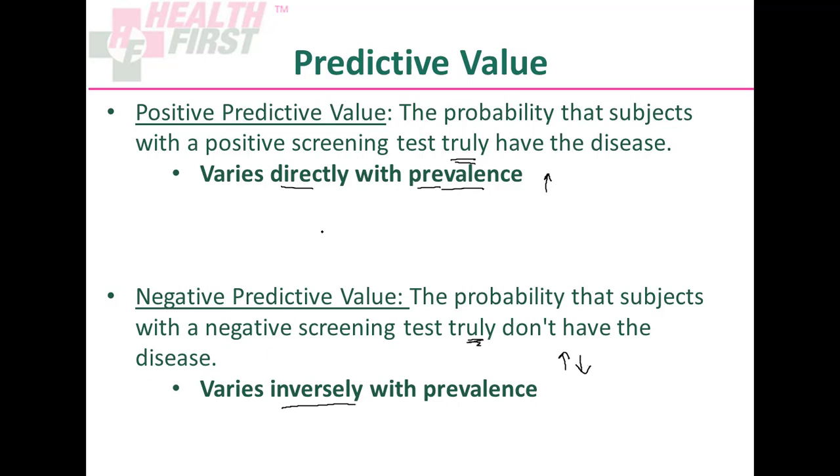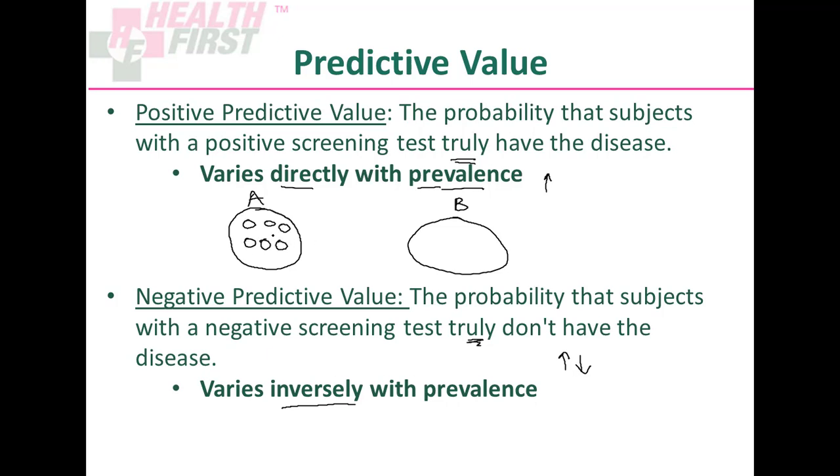The best way to actually think about this is to consider another hypothetical situation. Let's suppose you have two populations, right? This is population A and this is population B. And in population A, let's say you have 10 individuals, right?